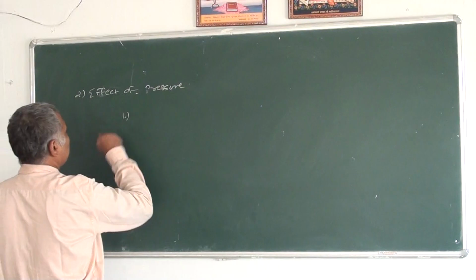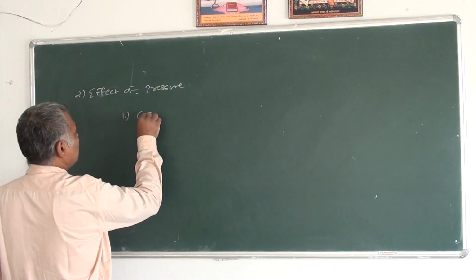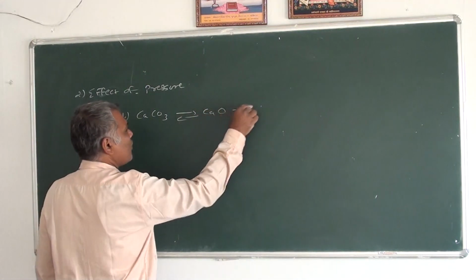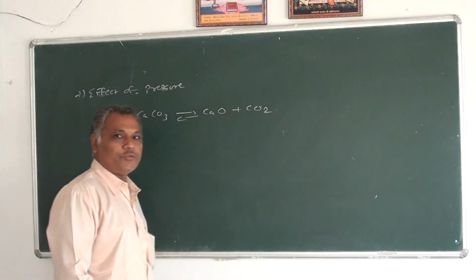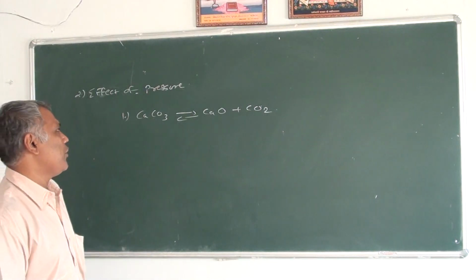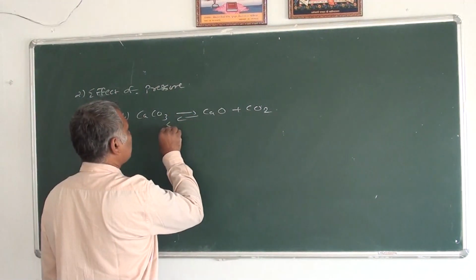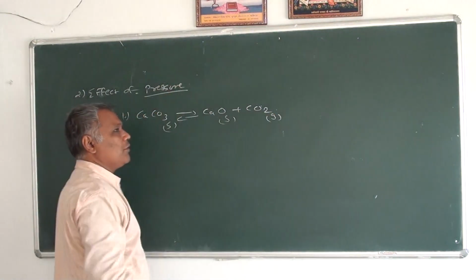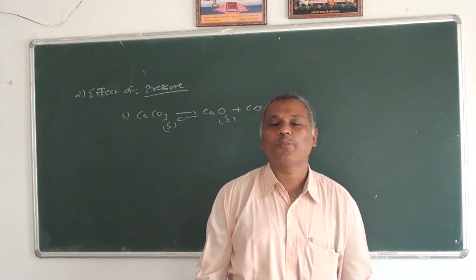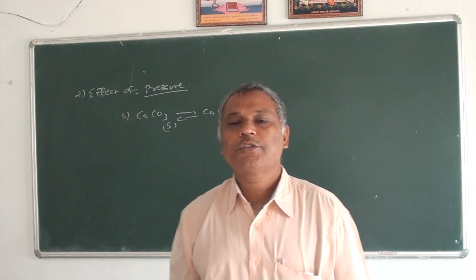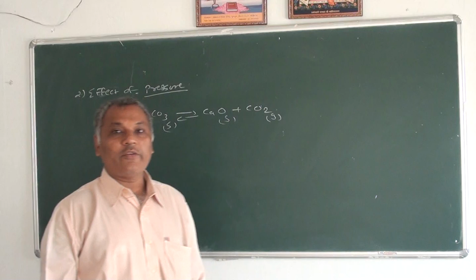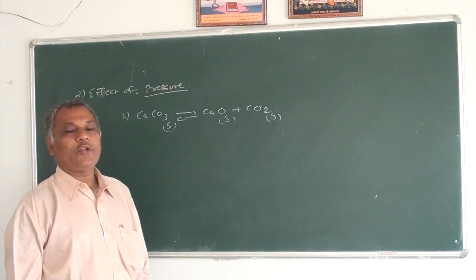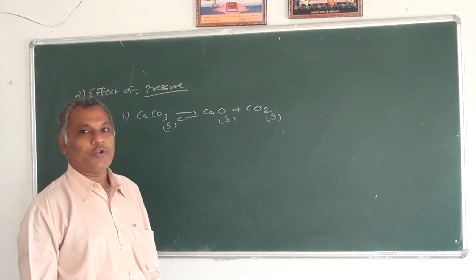The first one, for example, CaCO3 decomposes into CaO plus CO2. In this case, what is going to happen? CaCO3 and CaO are solids, CO2 is a gas. The pressure affects only the gaseous component. It does not affect solids or liquids. So whatever effect you do during the reaction, it's going to affect only the gaseous component.